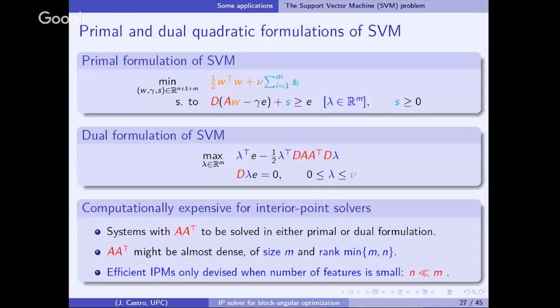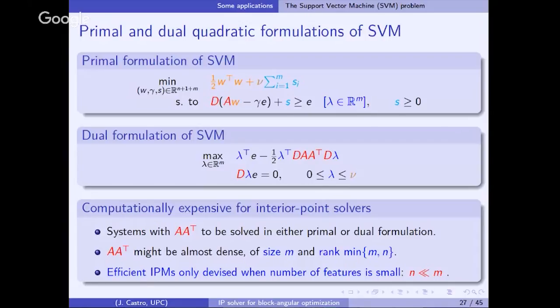When you have a lot of points but very few features, the matrix A transpose was a very low rank matrix, then interior-point methods were okay. There were some specialized methods that were developed to work well. But in general, this is not the case. In general, you have a lot of points, a lot of features. In that case, you cannot use interior-point methods.